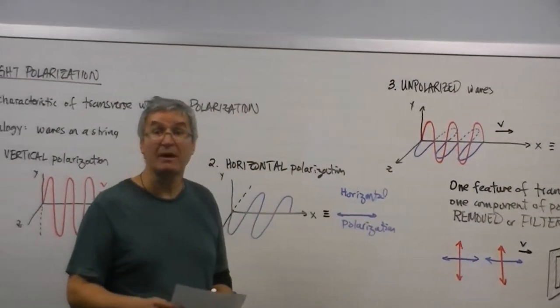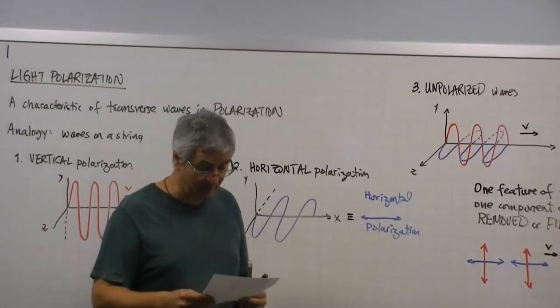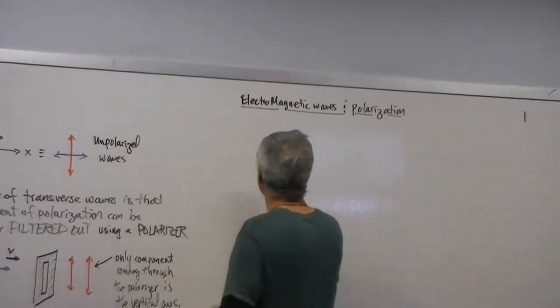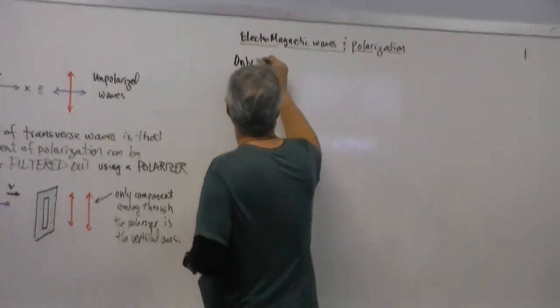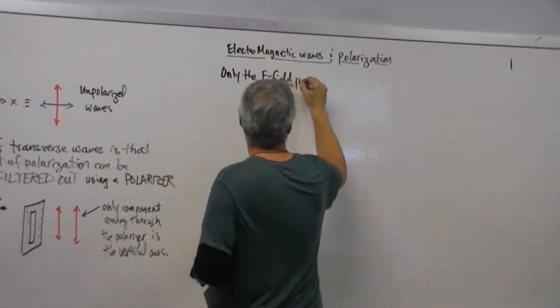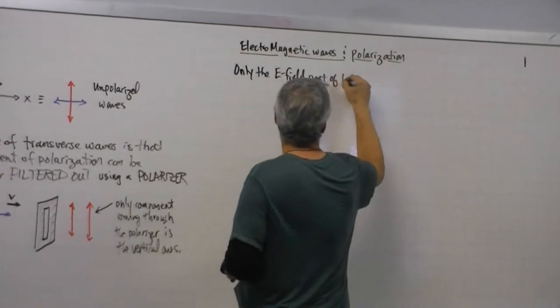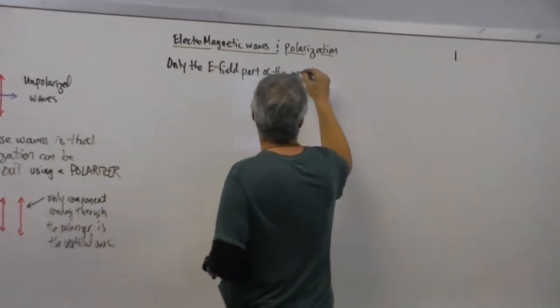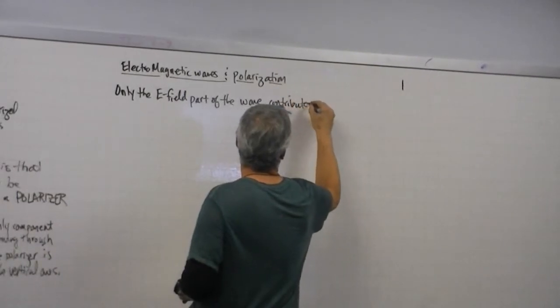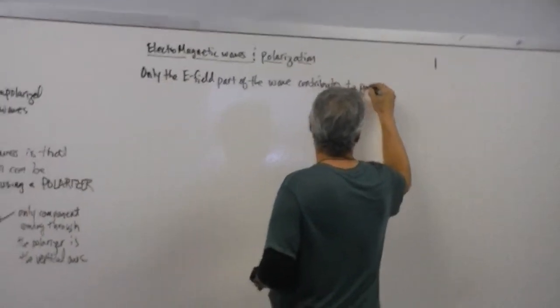So if I talk about this with electromagnetic waves, it goes something like this. What I'm going to find here is that only the E field part of the wave contributes to polarization.